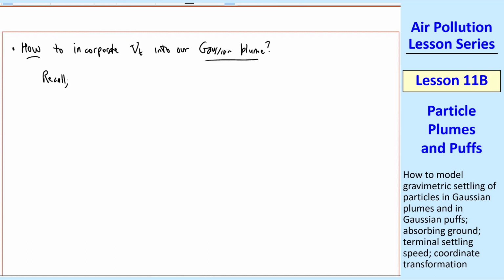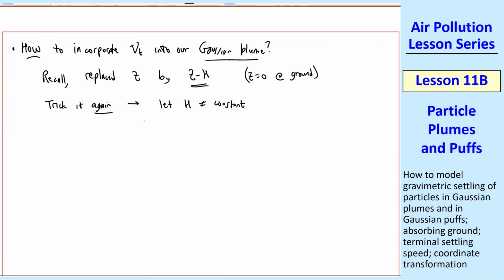Well, go way back when we introduced Gaussian plumes, and first we had a plume all by itself up in the sky somewhere, and we accounted for the height of the plume by replacing z by z minus h. That accounted for plume elevation, so that z equals 0 at the ground. Well, we want to do the same thing here. This was kind of a trick. We'll trick it again, where we let h, instead of being a constant, we set h equal h of x.